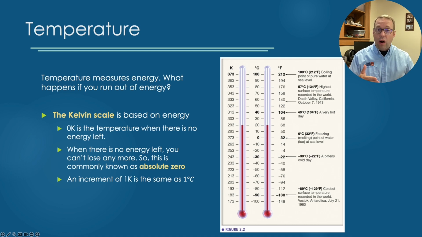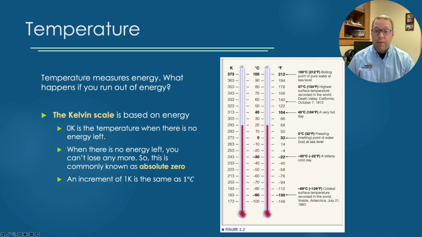If you remove all the energy, then that's as low as you can go. You can't remove energy if you don't have any energy to remove. That is an absolute 0 point of energy. And so the temperature that describes that, we call that absolute 0. Absolute 0 is the temperature at which there is no energy left.